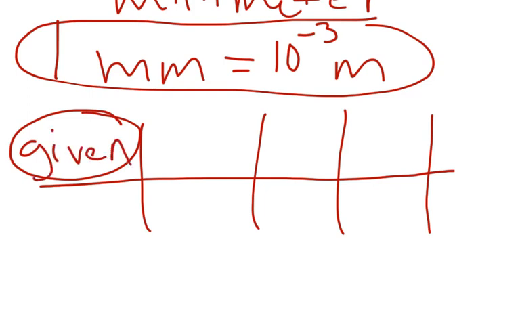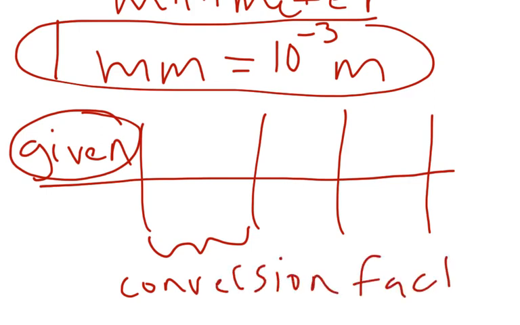That's the information that's given to you in the problem. Each one of these boxes we call a conversion factor. In a conversion factor, the line in the middle is kind of like an equal sign. In other words, whatever is on top is equal to whatever is on bottom. That's the way it is for every conversion factor.